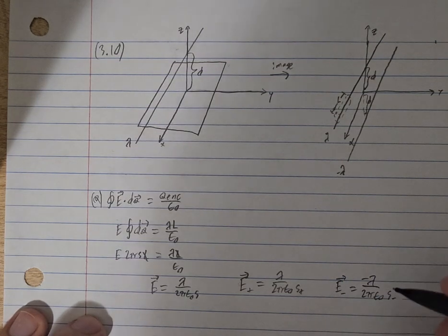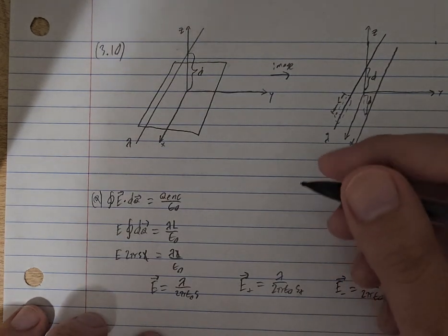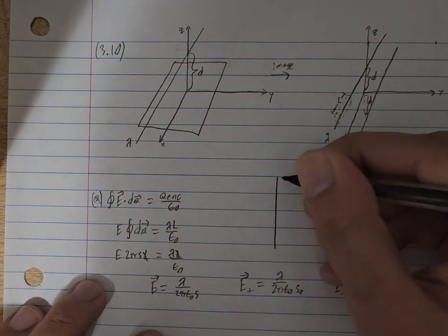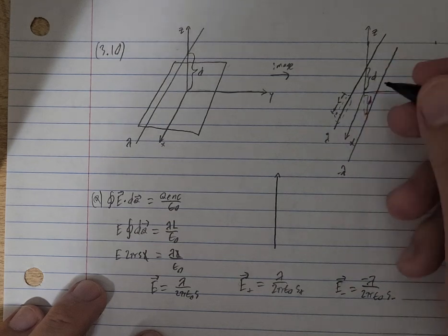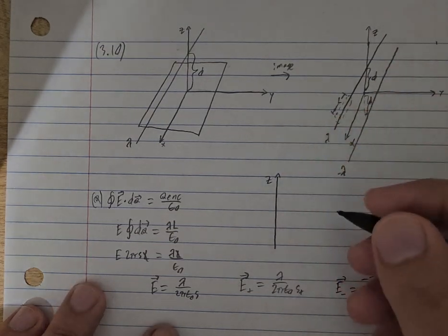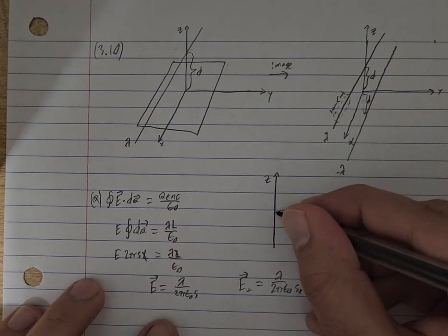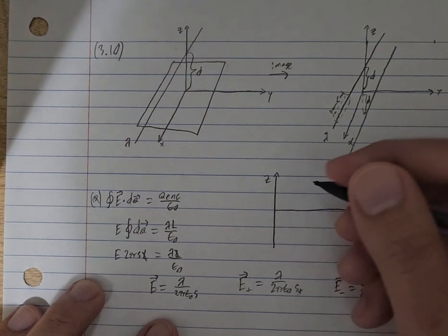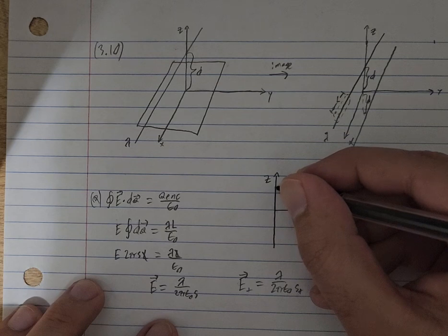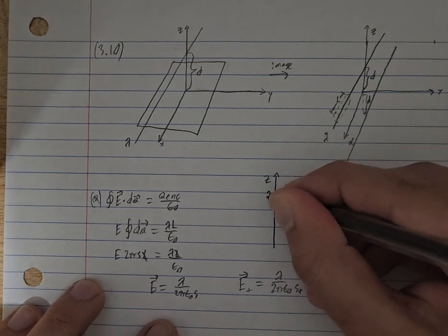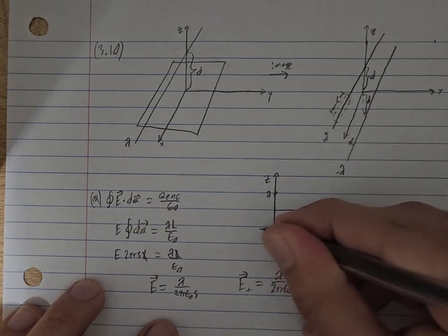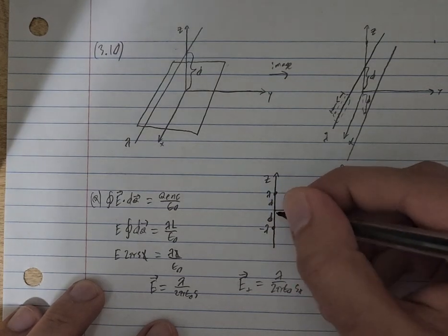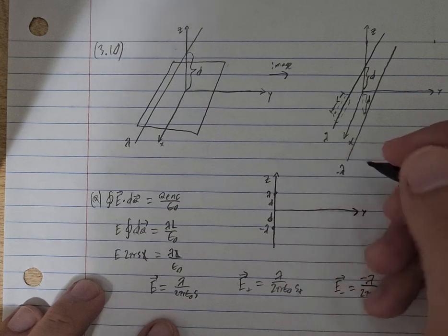Now, what are s plus and s minus in Cartesian? We can make a 2D image of what we have here, with the z-axis here and the y-axis here, and we have this positive lambda here and this negative lambda here, with distances d from the origin.